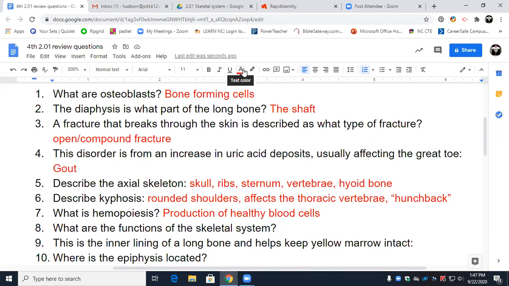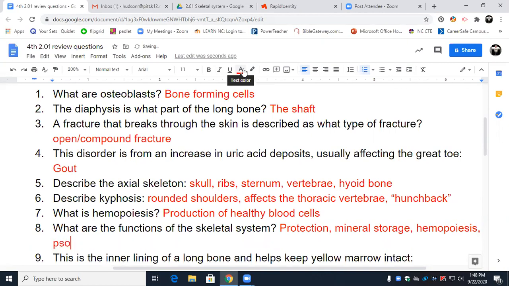What are the functions of the skeletal system? Protection, mineral storage, so calcium and phosphorus, hemopoiesis, posture, movement, support.